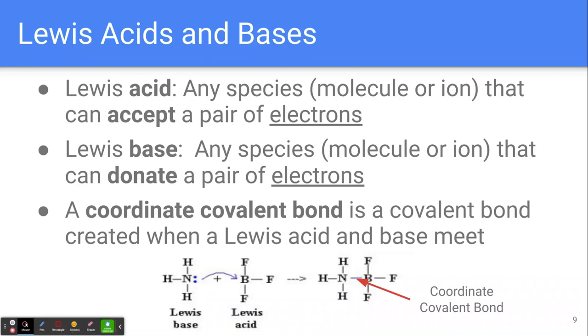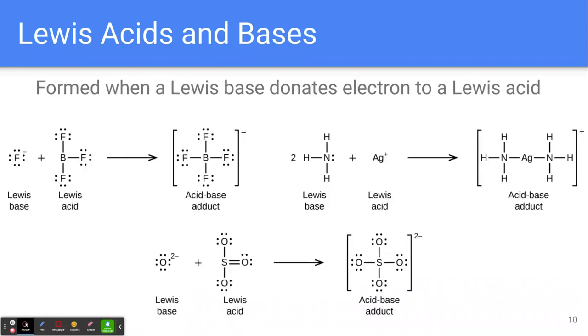So here are some examples of different Lewis acids and bases. You'll see here that we have a lone pair of electrons bonding to our boron, and so you form this bond here. This one, we're taking two ammonias and giving them to silver. So really what you're seeing is another one over here.